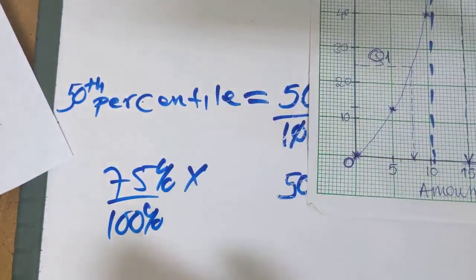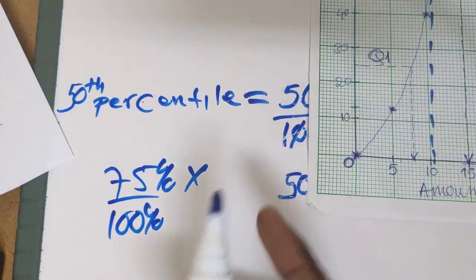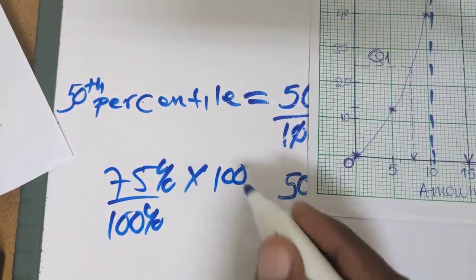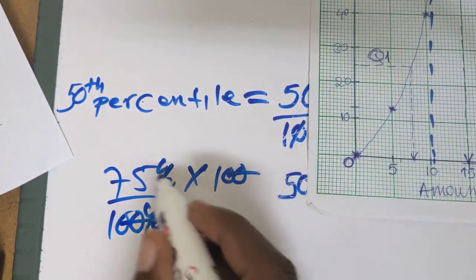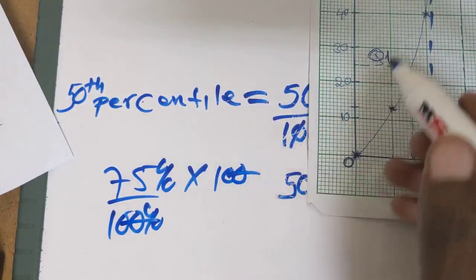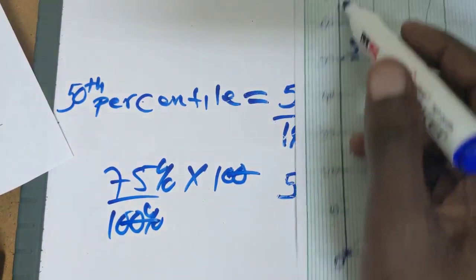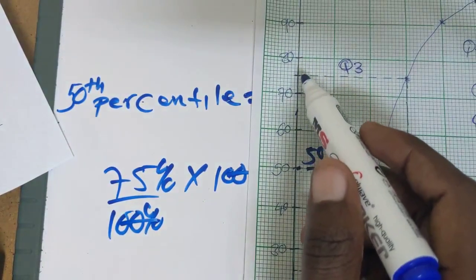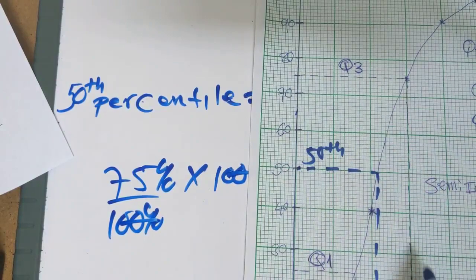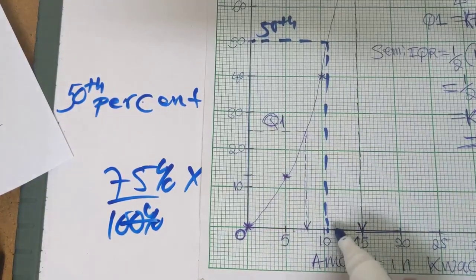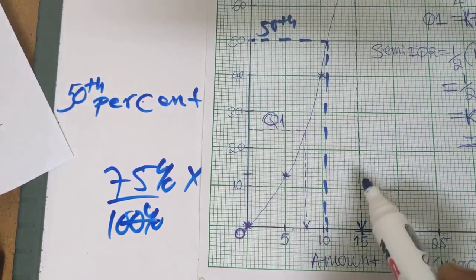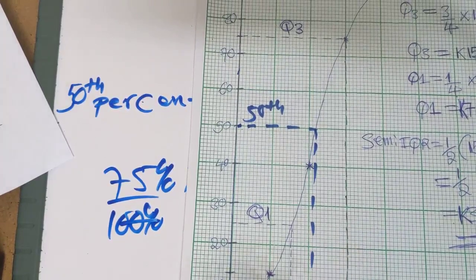Then you just find where 75 is. You go where 75 is, and it's going to reach you here. So that is what you do.